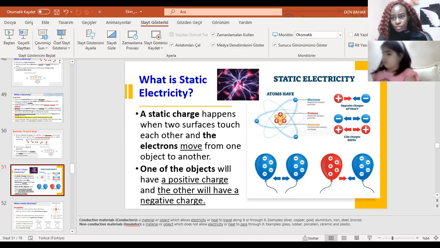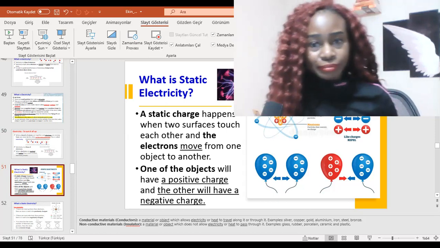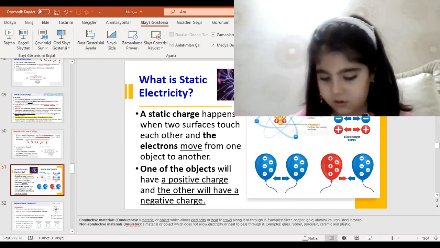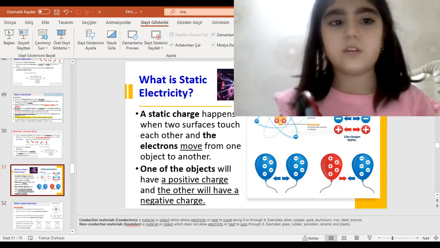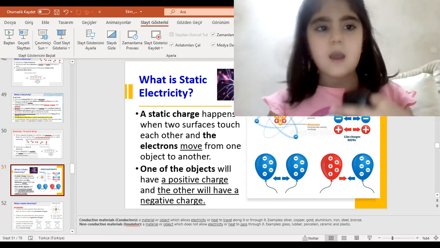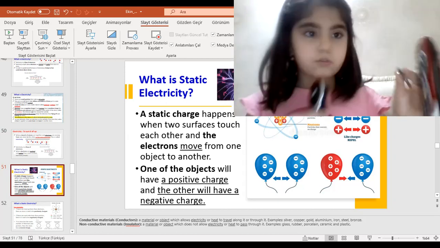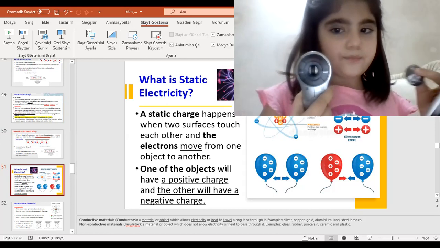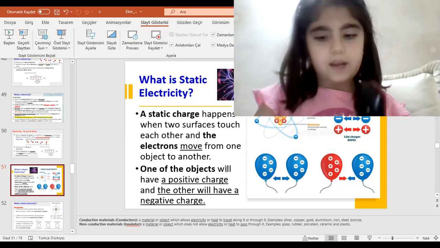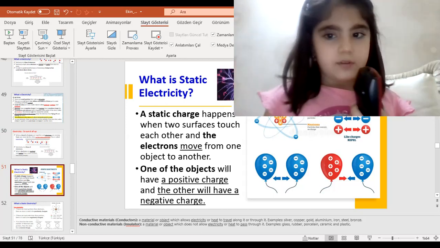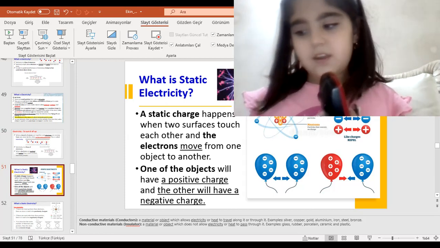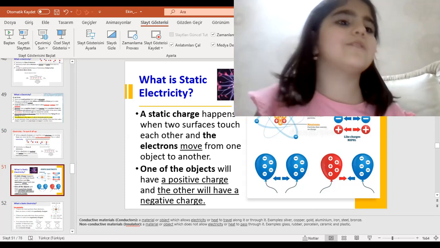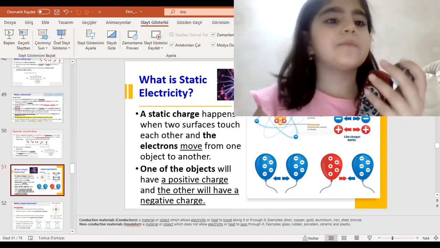For example, this is my atom and my electron, and this is the second atom and its electron. I'm going to put this atom's electron here because it's always sticking to me.